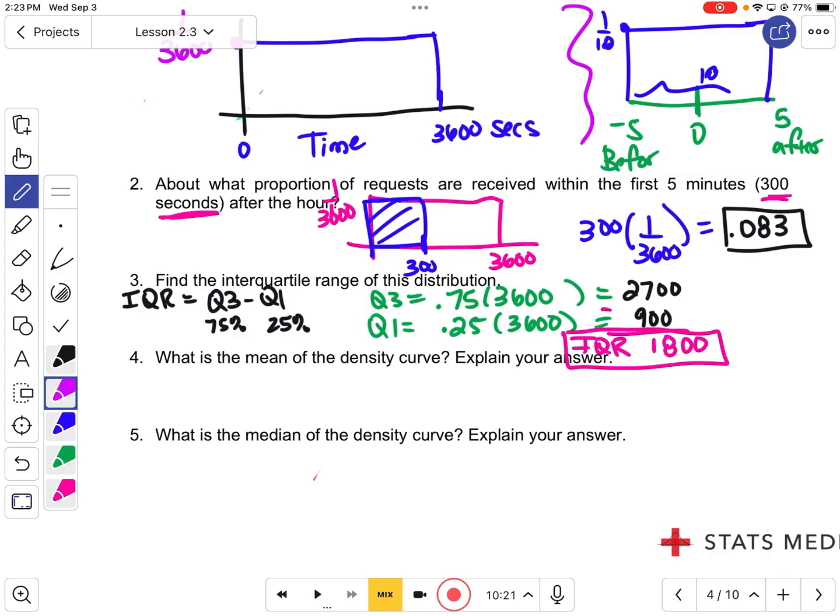All right, again, I don't know the specific data, but it wants me to find the mean. In a uniform curve, the mean's in the middle. The mean would be in the middle. So if the whole thing's 3,600, how would I get the middle?